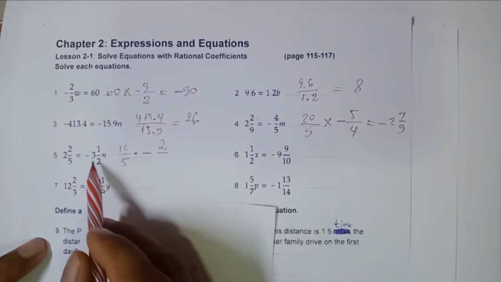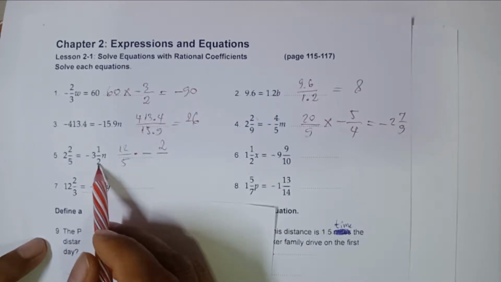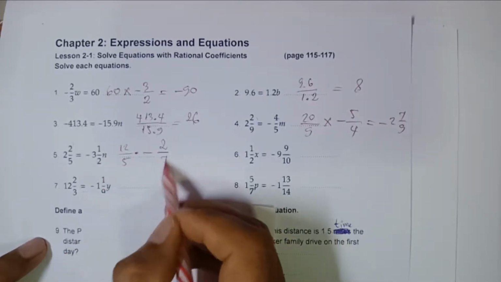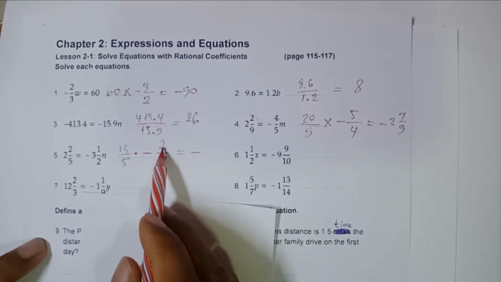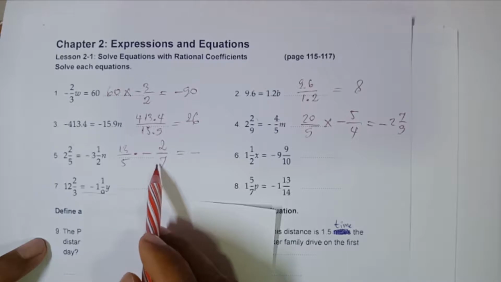Now, after that, you work on this number. 3 times 2 is 6, 6 plus 1 is 7. The answer will be a negative. So 12 times negative 2, and then divide by 35.